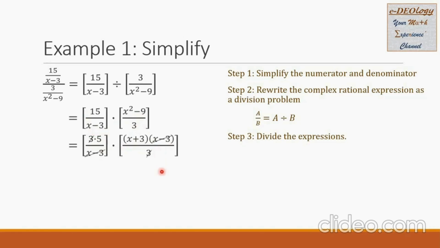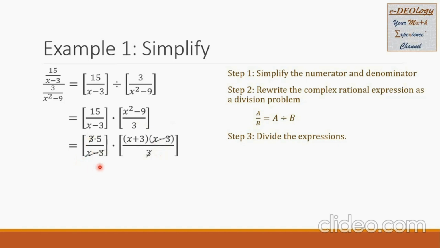And then we can cancel common factors in the numerator and in the denominator. The number 3 is common, cancel that, and also this number 3 in the denominator. The binomial x minus 3 is common in the numerator and in the denominator, so we can cancel it.